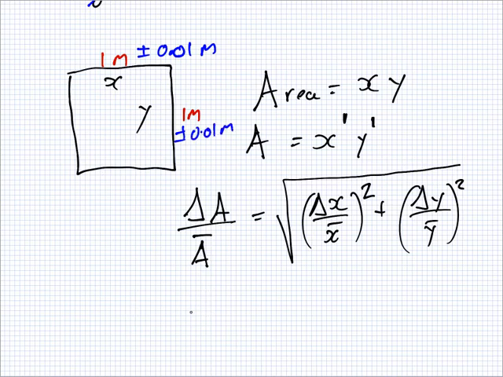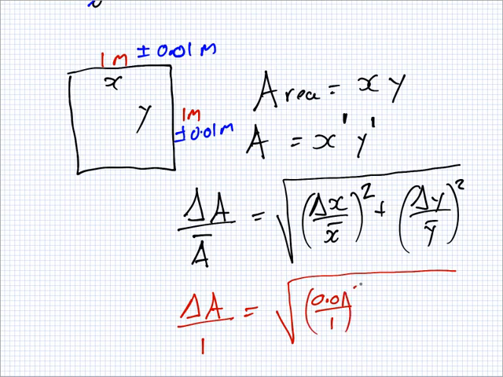So my answer would be uncertainty in A over 1 meter squared equals square root of 0.01 over 1 squared plus 0.01 over 1 squared.